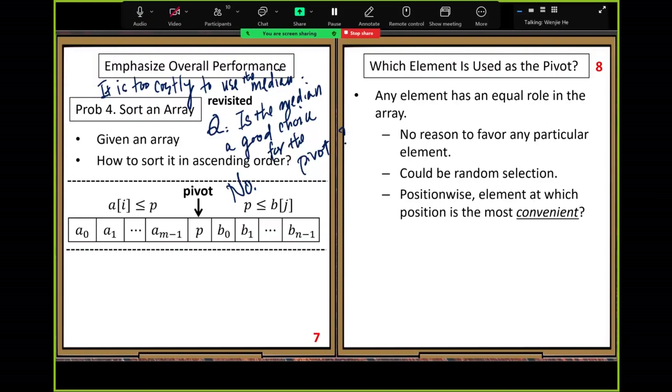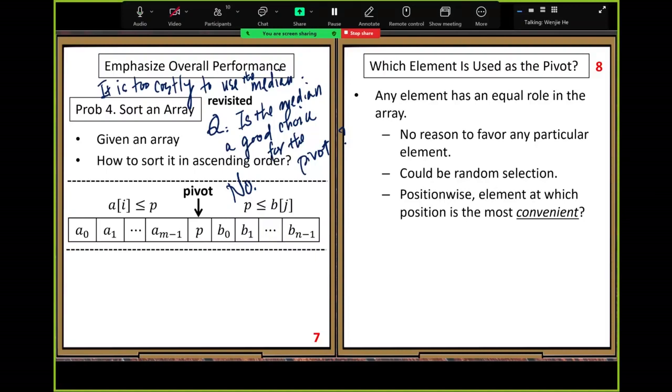But when you do the swap operations to move elements around, how do you manage the location of the pivot element? You randomly select an element to be used as the pivot element.